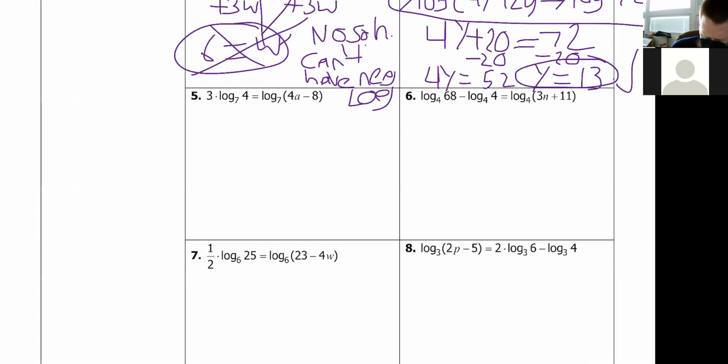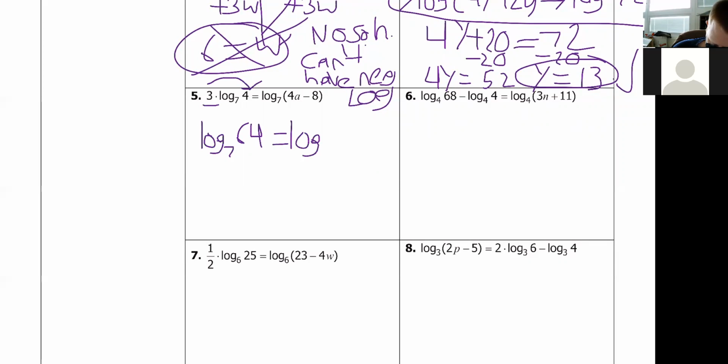For 5, like I said, you want to simplify your log expressions. Remember, if you have a 3 in front, you can raise it as a power. So that would really be log base 7 of 4 to the 3rd power, which is 4, 16, 64. So you can just write that as 64.